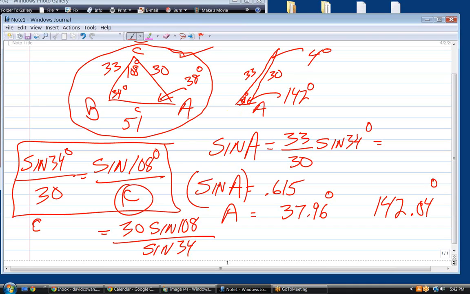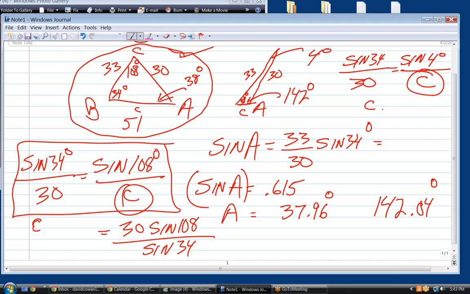So now we have a different side C down here. So we've got the sine of 34 divided by 30, that fixed relationship, is equal to now it's the sine of 4 degrees divided by the new side C, but side C from a different triangle.